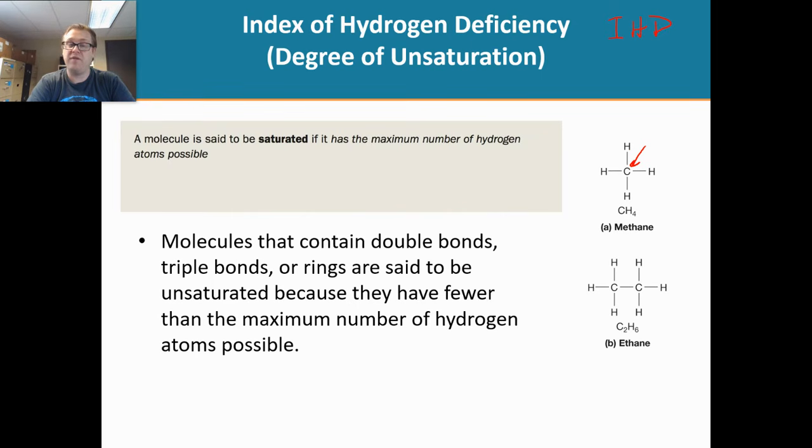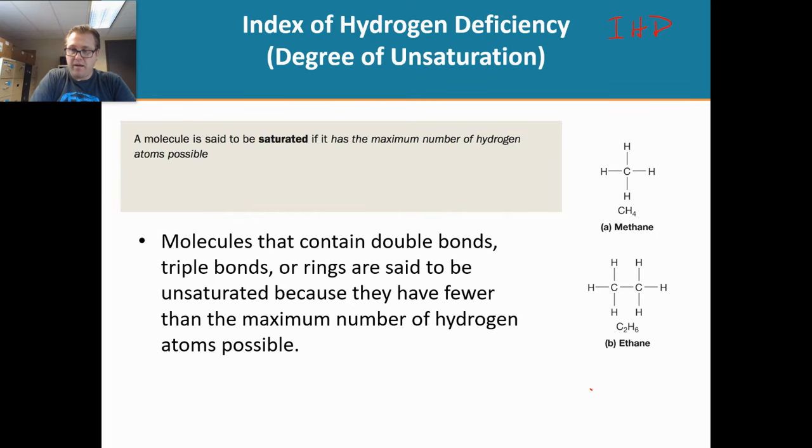For another example, if you look at ethane right here, every single carbon has the maximum hydrogens possible. Carbon 1, the maximum amount of hydrogens it can have is 3, and it has 3. Carbon 2, maximum is 3, and it has 3. So that ethane molecule is saturated.